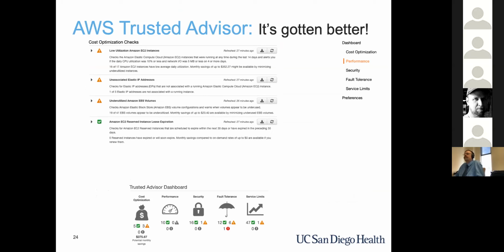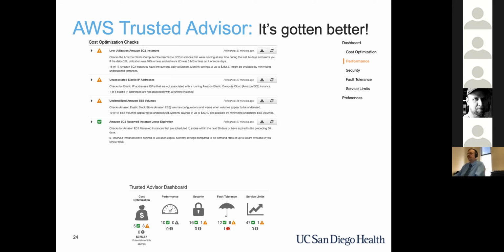Trusted Advisor, I mentioned it before for cost. It gives you some fairly low-hanging fruit in terms of fixing things within your environment. Like you can see the unassociated Elastic IP addresses, which cost you $5 a month if you're not careful. Underutilized EBS volumes. Sometimes that's meaningful, sometimes it's not.